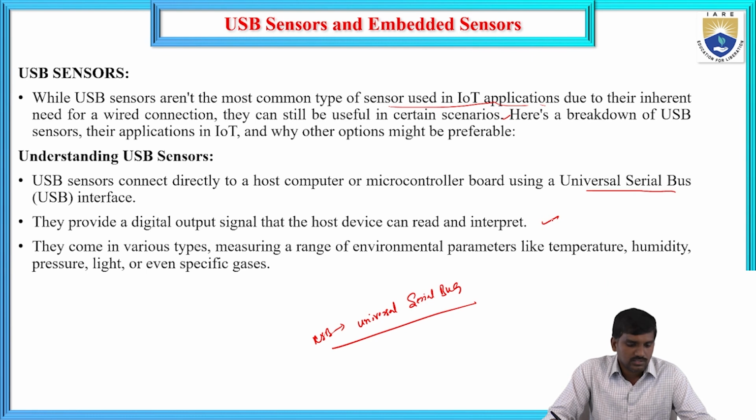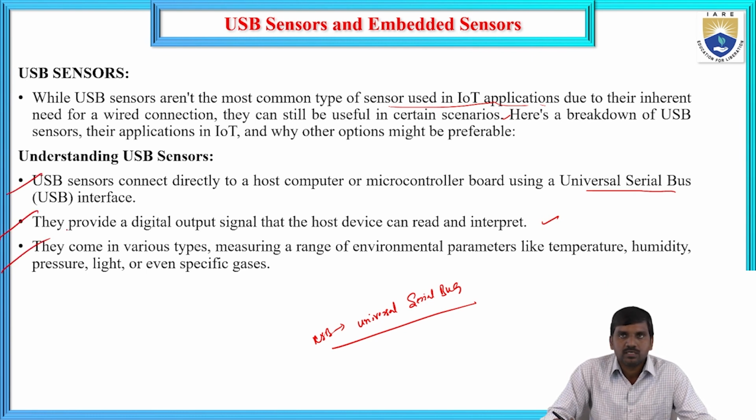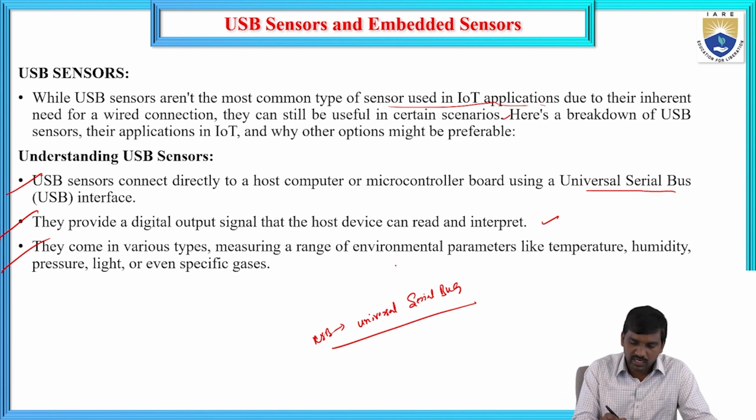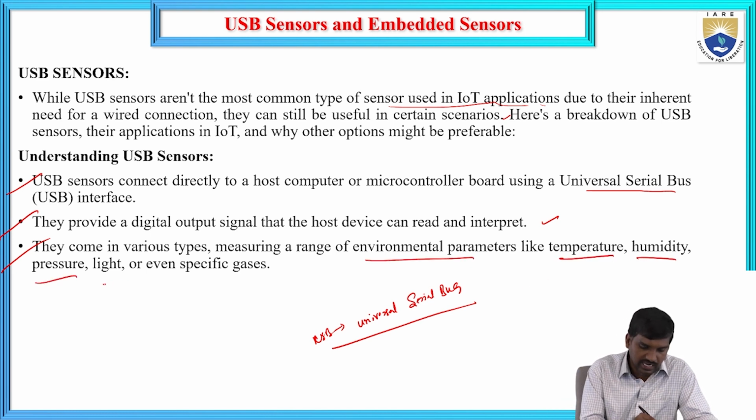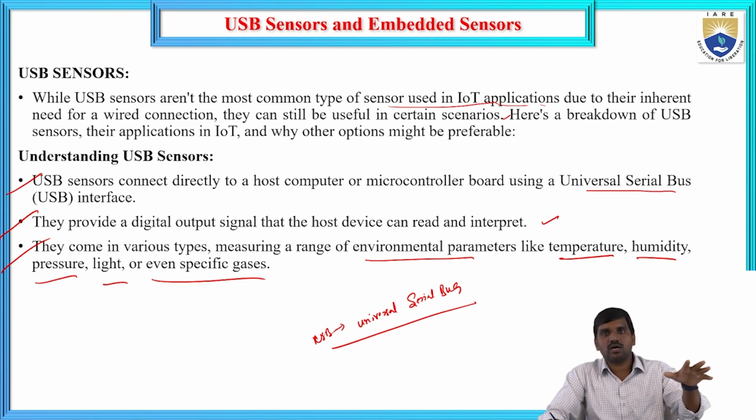That is the second point. Next, they come in various types, measuring a range of environmental parameters like temperature, humidity, pressure, light, or even specific gases, such as a smoke detector system or gas detector system. So these are some introduction points for understanding USB sensors.